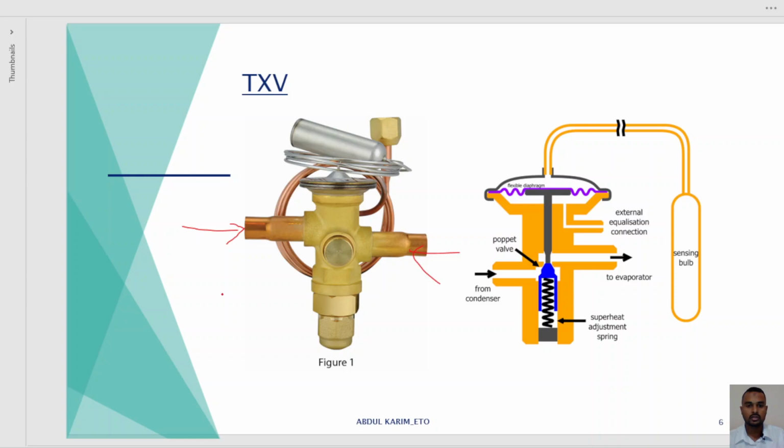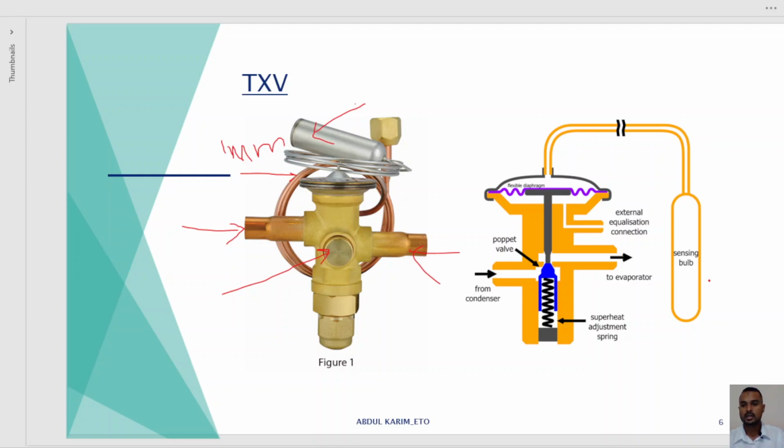In between these ports is the adjusting valve, or we can say the poppet valve. By this poppet valve, we can adjust the spring pressure, and that is the thermal valve or the sensing valve. And this is a thermal tube whose diameter is 1 mm.